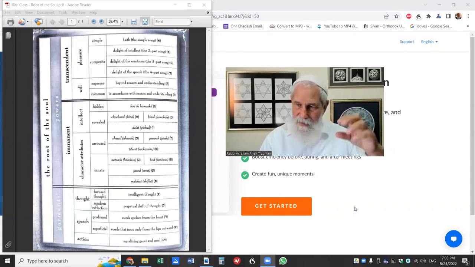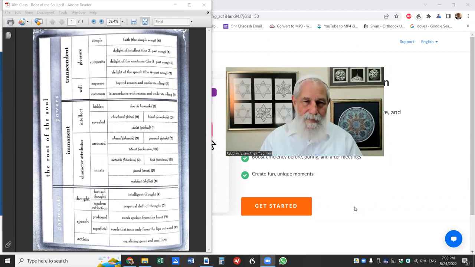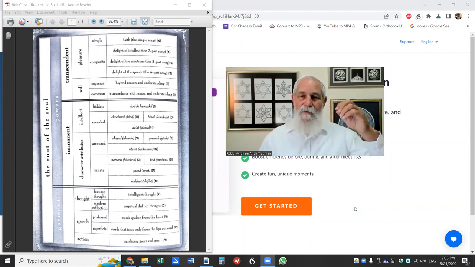It is very conscious. But when we're talking about really Torah type of wisdom, certainly Kabbalistic type of wisdom, we're talking about one has to be able to draw from the source of wisdom.